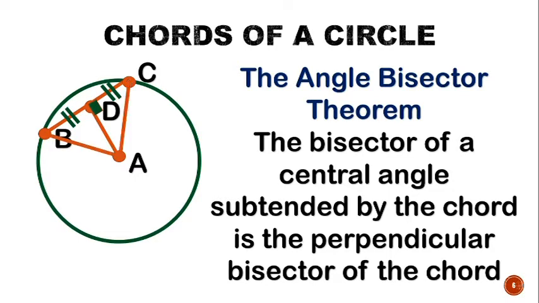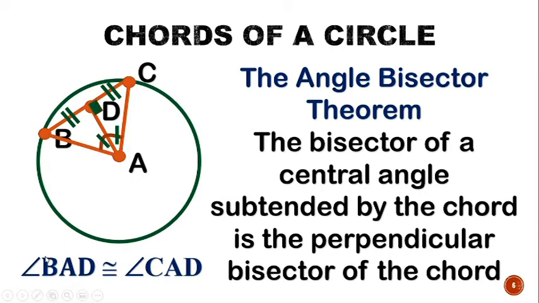When we draw two lines connecting the 2 points of the chord to the center, this angle is also bisected, or also divided into 2 equal parts. They will have the same measure. Okay. So, angle BAD is congruent with angle CAD. BAD and CAD.